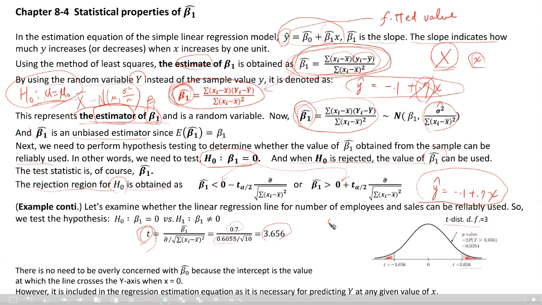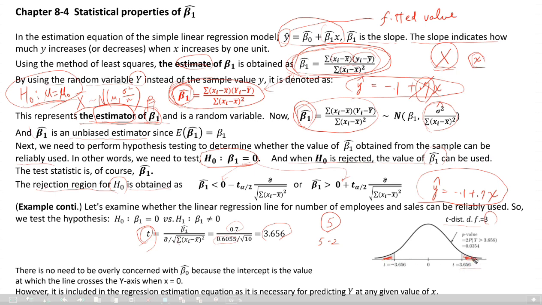We have 5 data points. The sample size is 5, n minus 2, 5 minus 2, so the degrees of freedom is 3. The t distribution is like this, and our t value is 3.656, so the p-value will be the two-sided area.